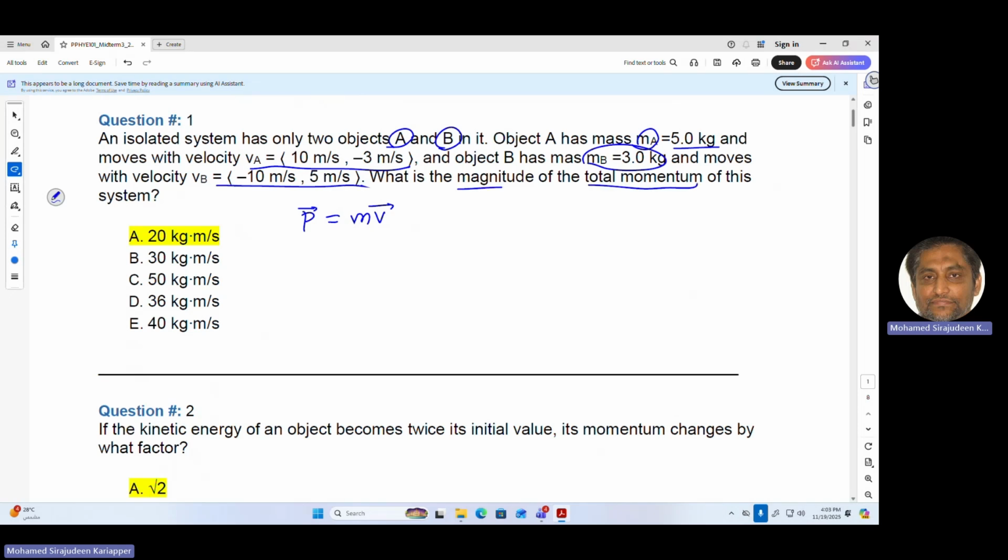Direct question. If I call the big P the total momentum, it is asking for the momentum of 1 plus the momentum of 2. That will be the total momentum.